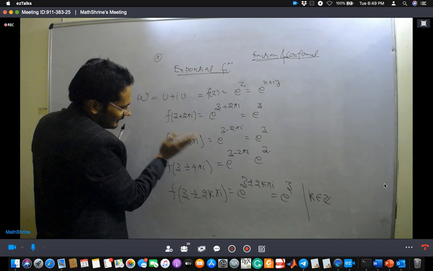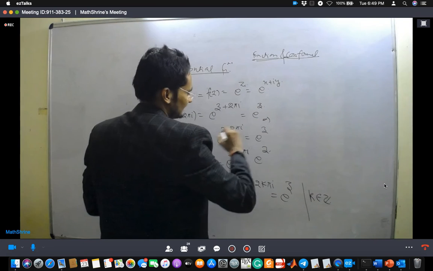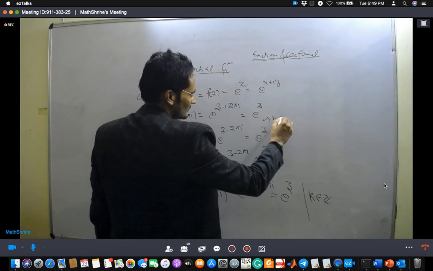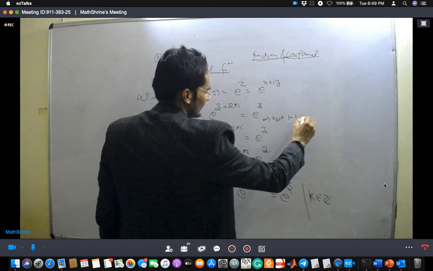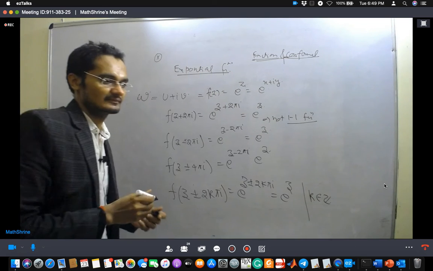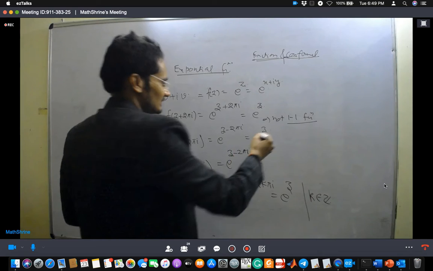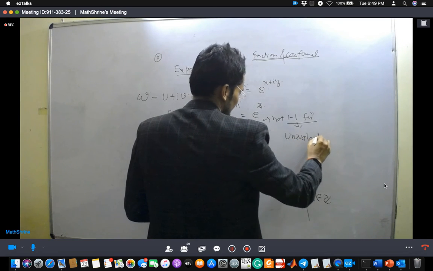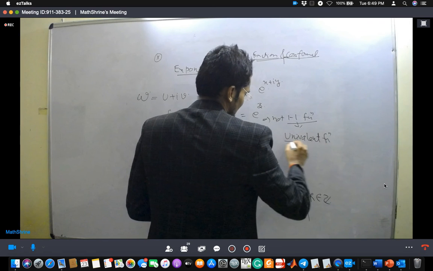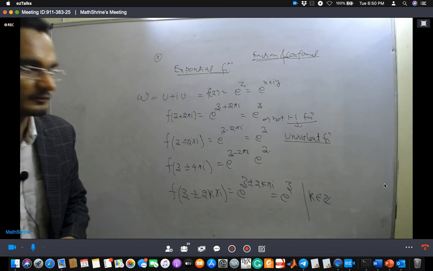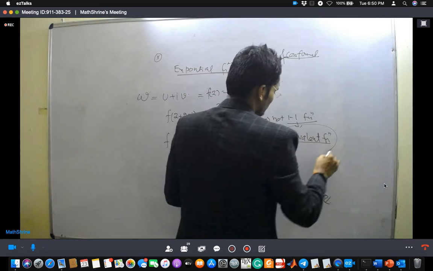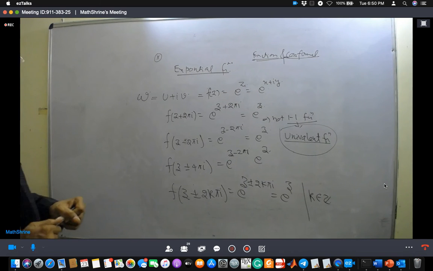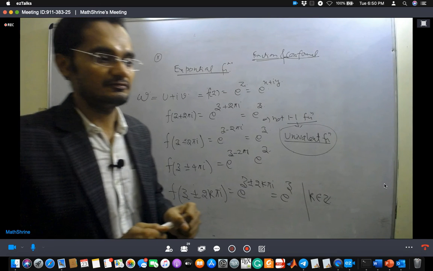In complex analysis, a one-one function is known as a univalent function. We know from real analysis that if a function is not one-one, we can make it one-one with the help of a restriction. We can restrict its domain in order to get a univalent function.